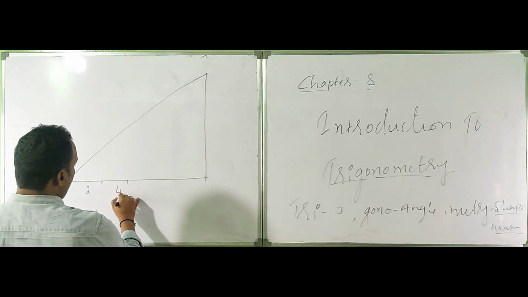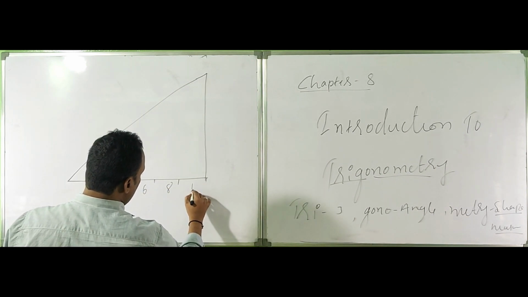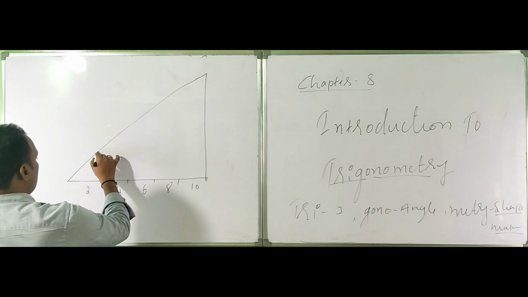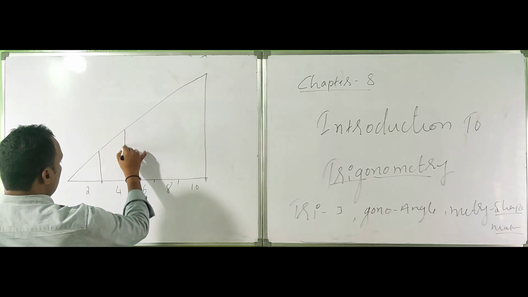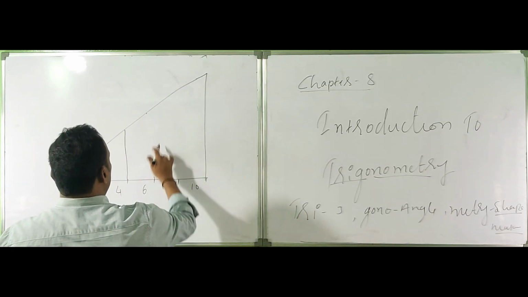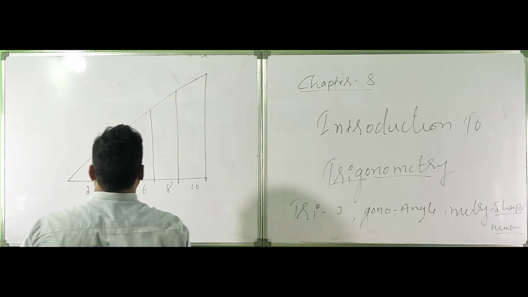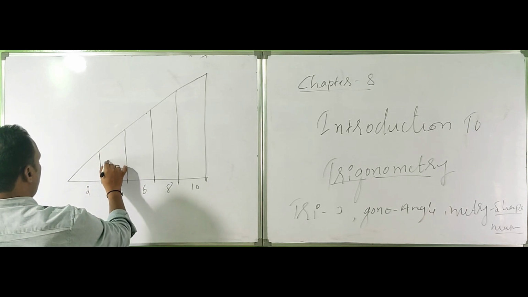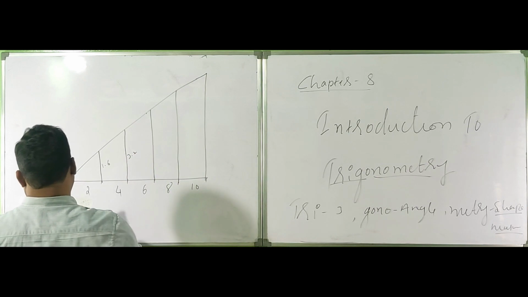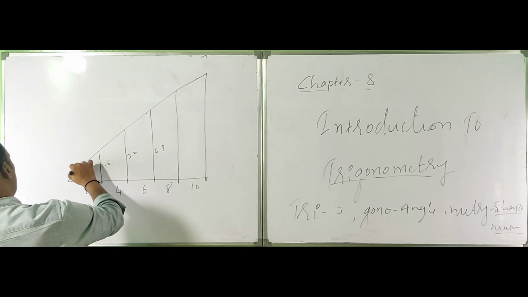See, I have the calculation here: 2, 4, 6, 8, and this is 10 centimeters. One unit is 2 centimeters. I have taken the perpendiculars, this one, perpendiculars, right? You can check at home also. I got 1.6, and this I got 3.2, and this 4.8, and this 2.6.